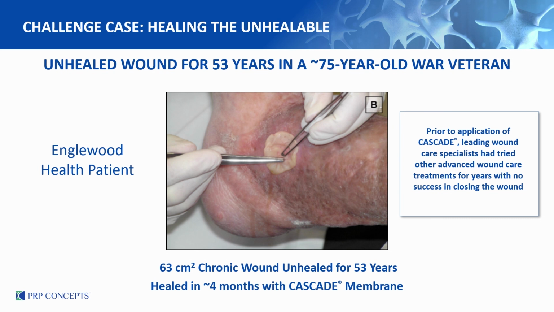So it just substantiates the value of autologous platelet-released fibrin matrix. And this is another one. This one came right from Englewood Hospital here. This wound had been very chronic for years, many, many years, and healed in about 4 months with cascade membranes. Again, these are anecdotal cases, but these are also hypothesis-generating cases.